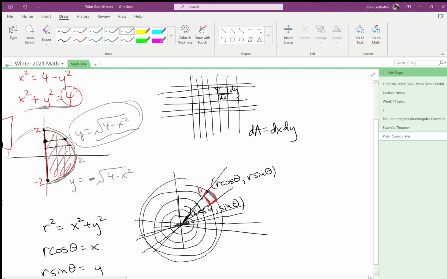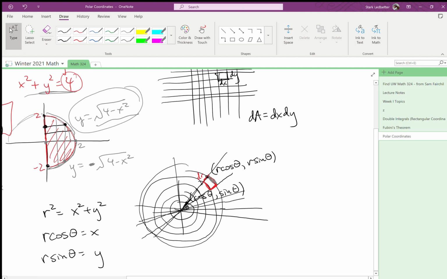Okay, so that's kind of weird, because on the unit circle down here, the change in arc length is d theta. So down here, we have d theta. But then as we stretch it out to a circle of radius r, same thing as with the coordinates, the arc length stretches. So the arc length is now r d theta.